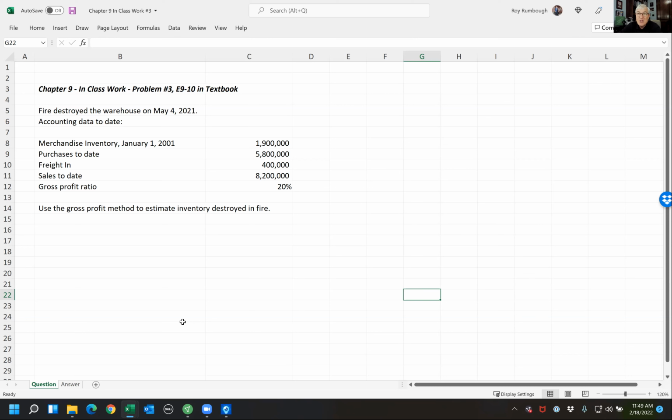Well, it's most likely because it's not there anymore. And in fact, in this problem, inventory was destroyed by a fire. It's gone. We can't count it. So we've got to find a way to estimate that, maybe for our insurance company, maybe for whatever kind of financial statements we're trying to create, and say, hey, what was lost by fire.